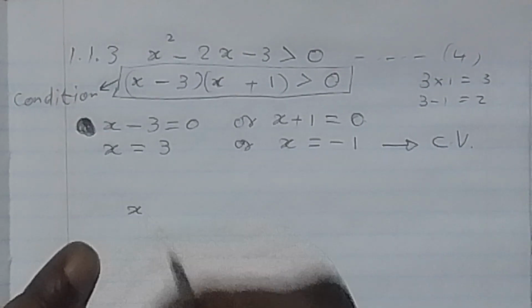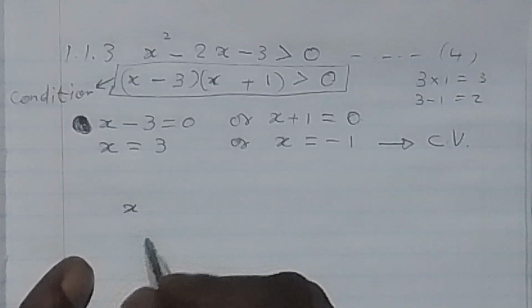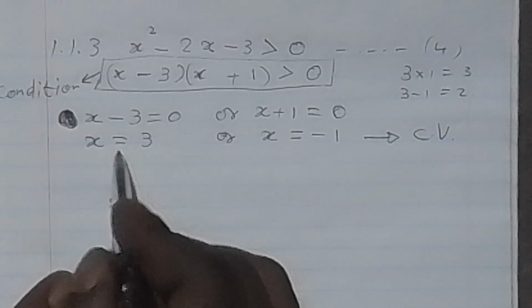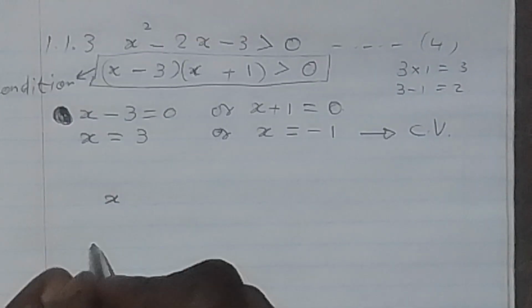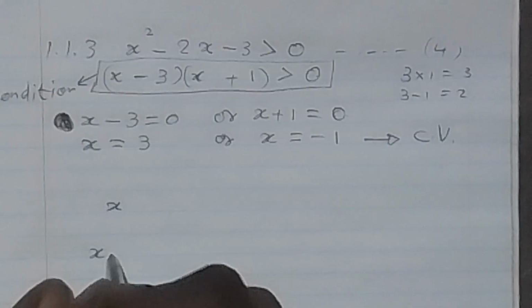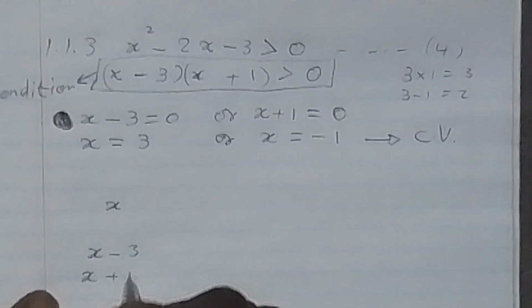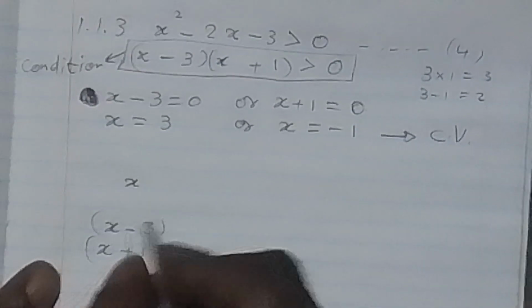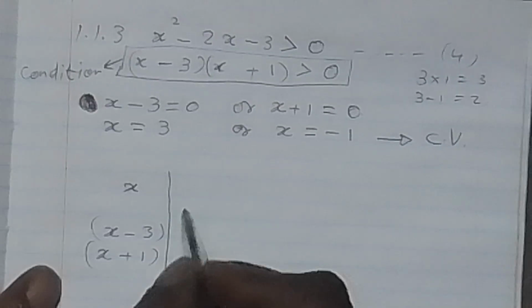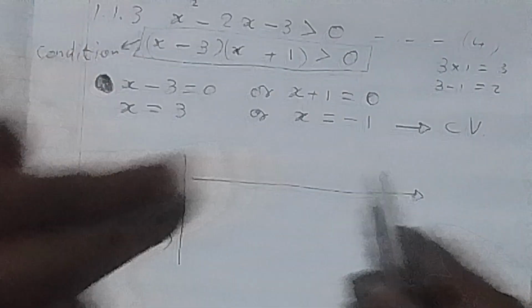You start with x, you come with this factor, x minus 3, you come with this x plus 1. Your x here is given to be 3 and minus 1.